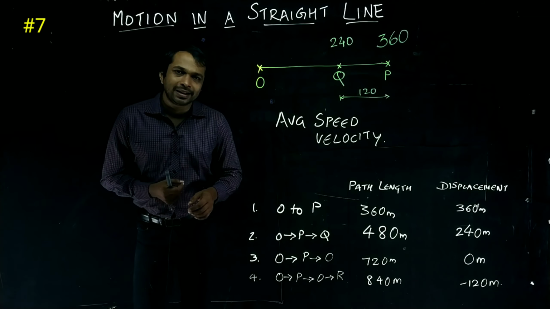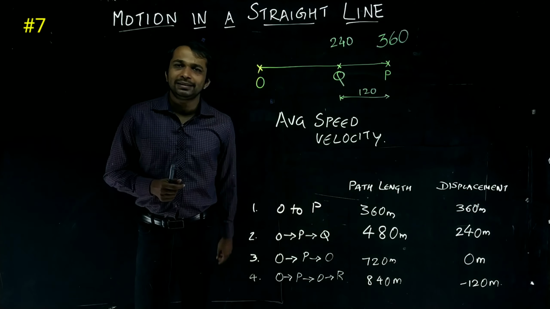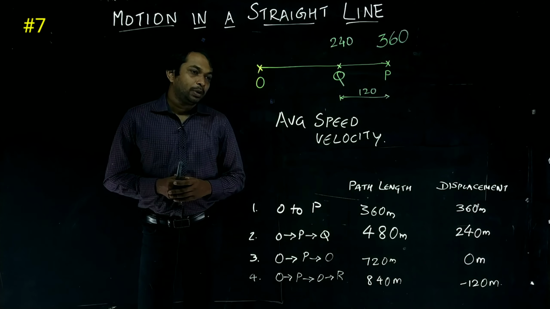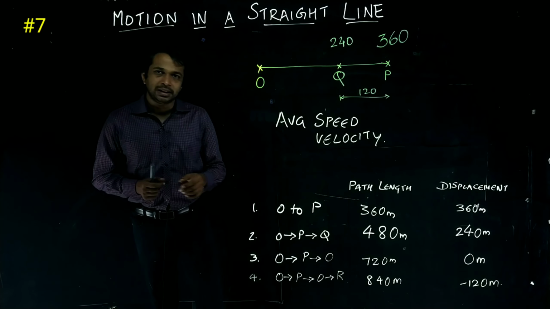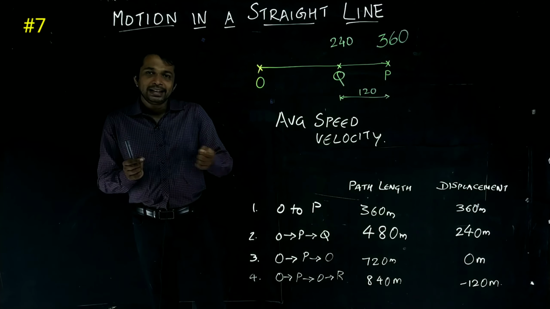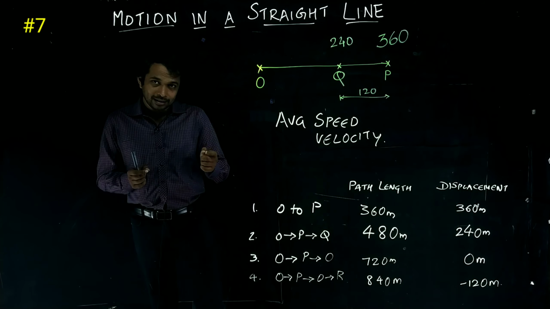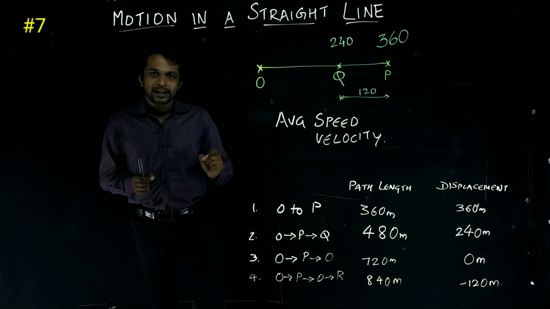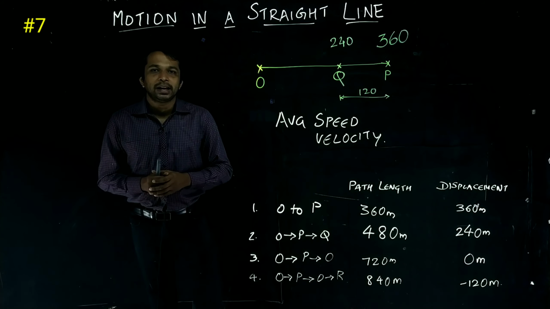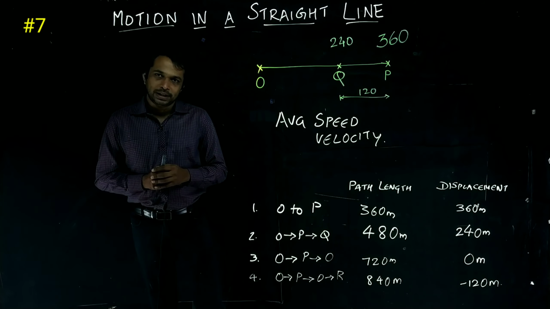Okay, simply the total distance or the path length divided by time, while average velocity is the change in the position or the displacement divided by the time taken for that displacement. Okay, let's study it a little bit in detail with example 3.1.